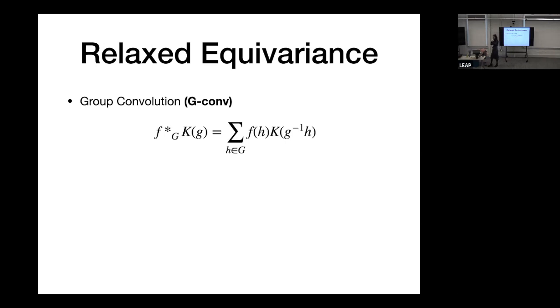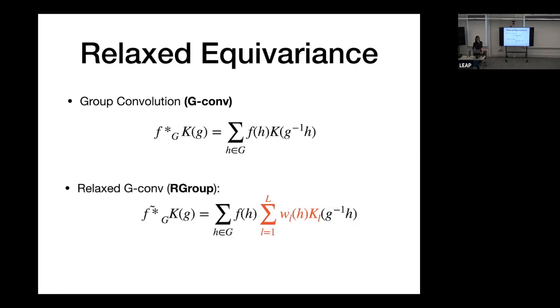This kind of group convolution is perfect, but it's also very slow because we need to compute the summation over all the elements in a group. If a group is infinite or continuous, then it is not possible to compute the group convolution. But we can still relax it to get a relaxed group convolution.